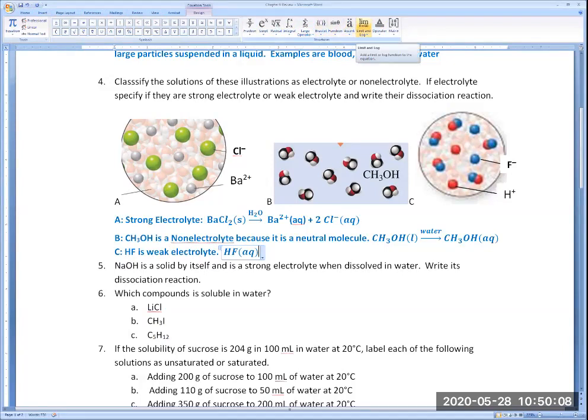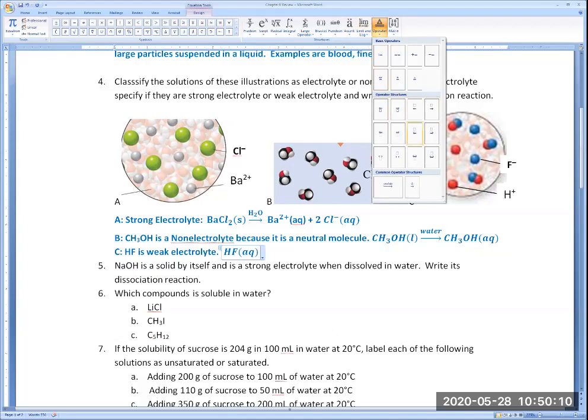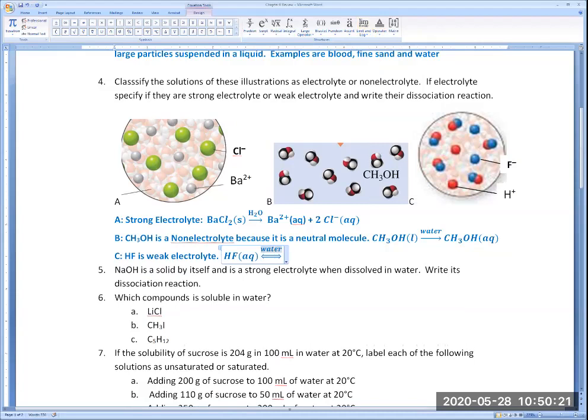And notice how I will choose an arrow that is a double arrow. There's not much choice, but here let's use this one because then I can put in water. When HF is in water, it's a double arrow, and that's what you will learn in chapter 6 that comes after. So that's why I have to tell you about this.